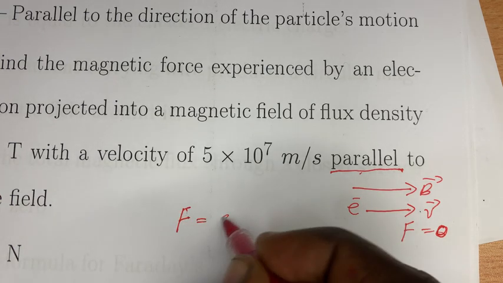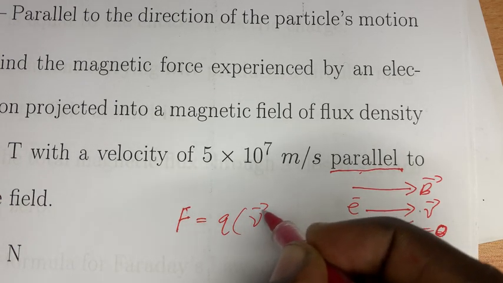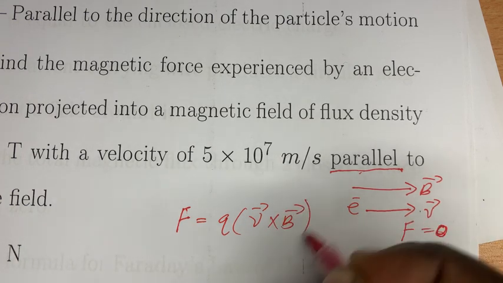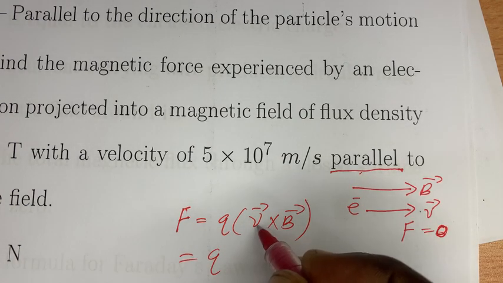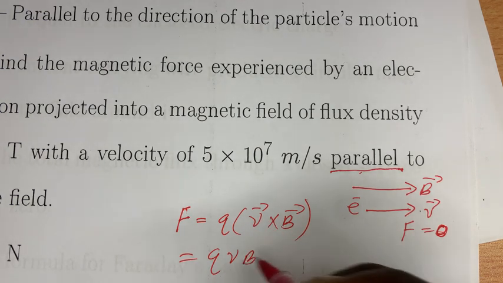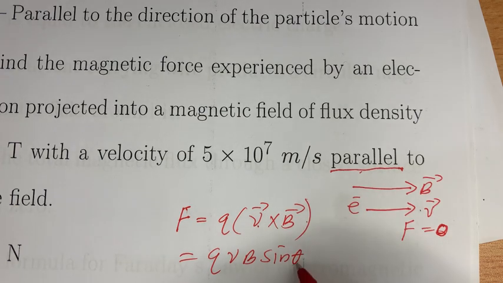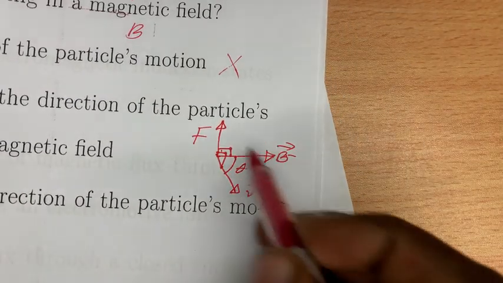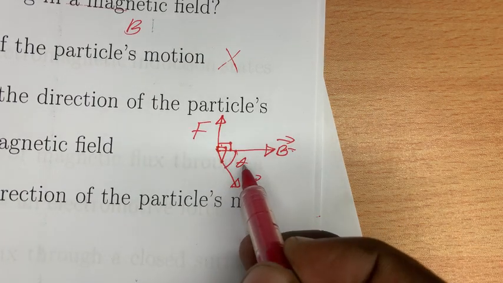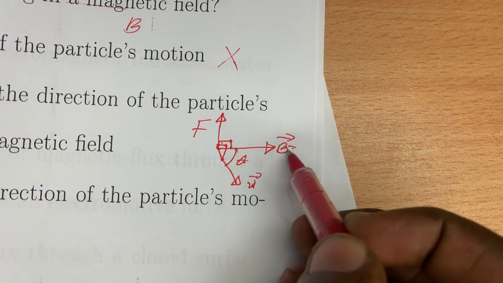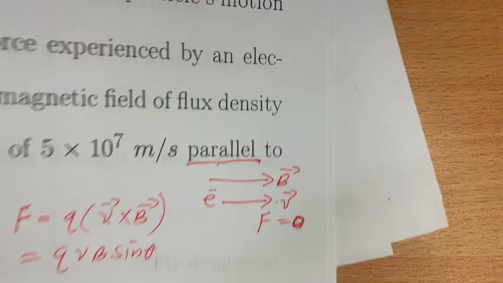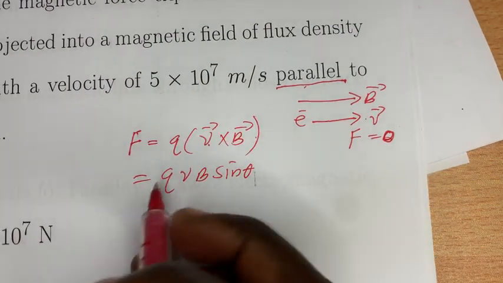F is equal to Q V cross B, and then this is Q, magnitude of V, magnitude of B, sine of angle between V and B, sine theta, meaning this theta. Look at it here. You have the V, you have the B, the angle between them is theta. So magnitude of V, magnitude of B, multiplied by the sine of the angle between them.